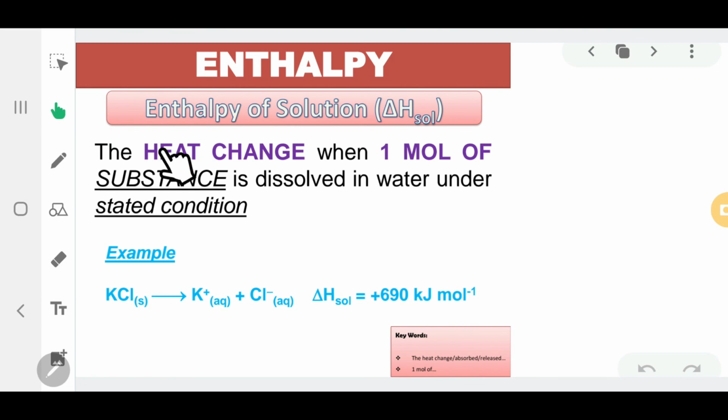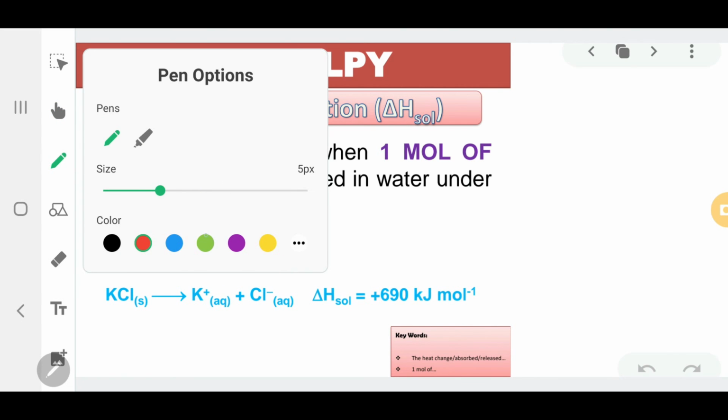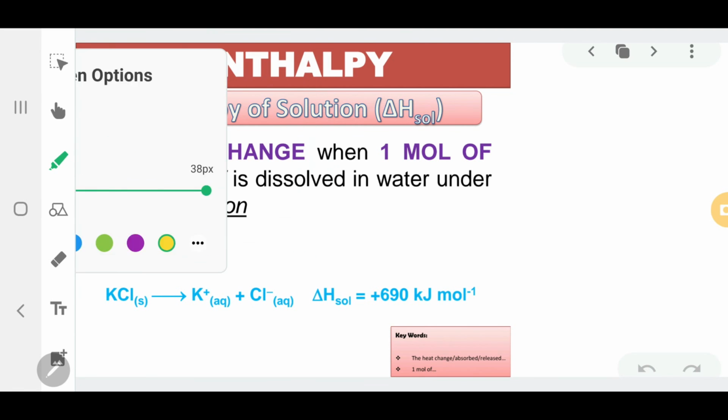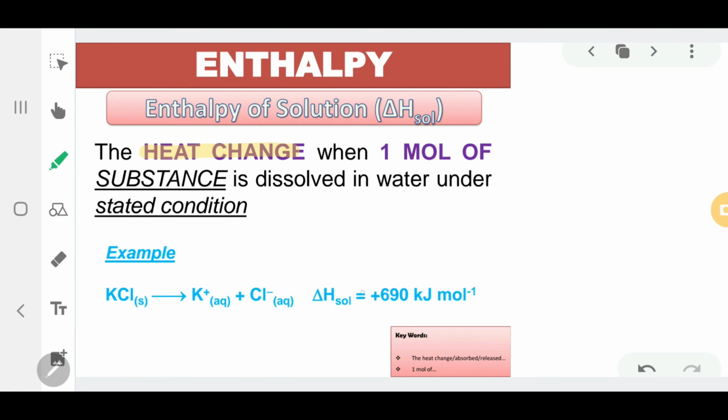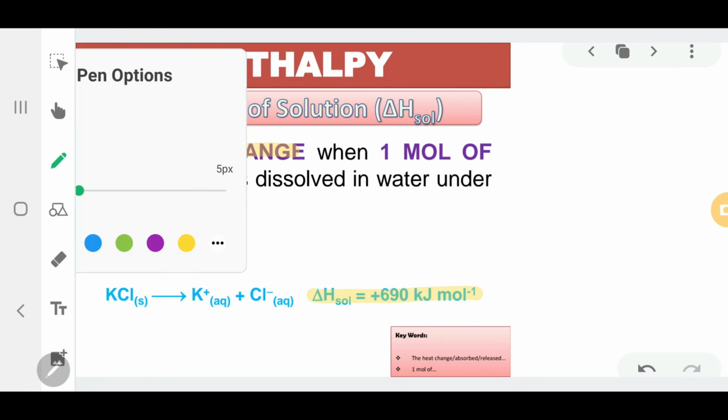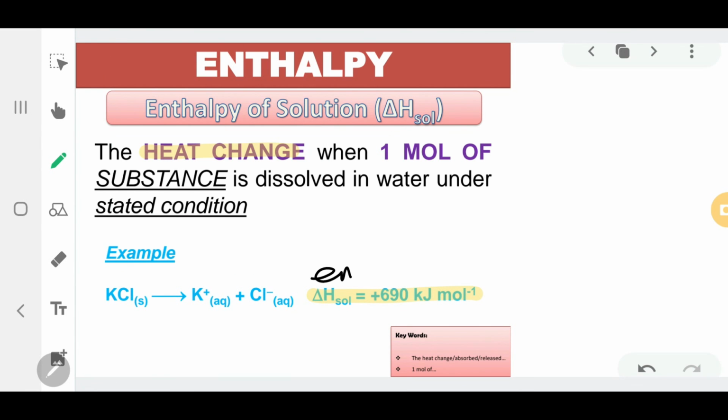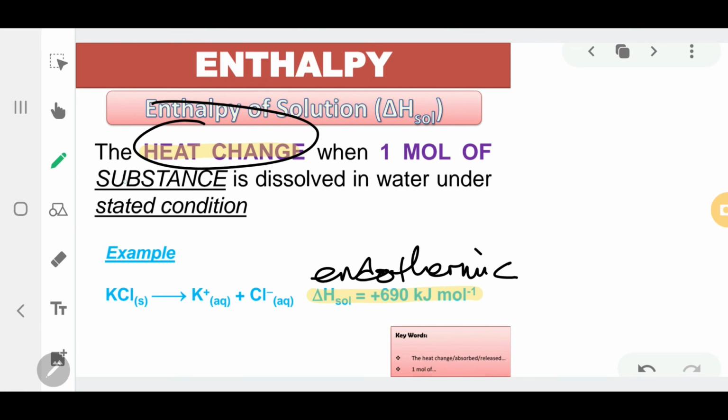That's why we're going to use the word heat change, because the process of making a solution, depending on the type of compound that you have, may be exothermic or may be endothermic. So in this case over here you have endothermic, and note that I said you can have exothermic because we are focusing on heat change.